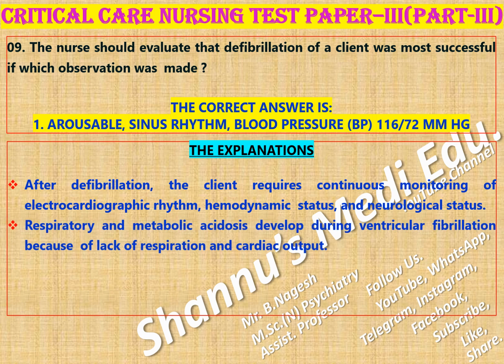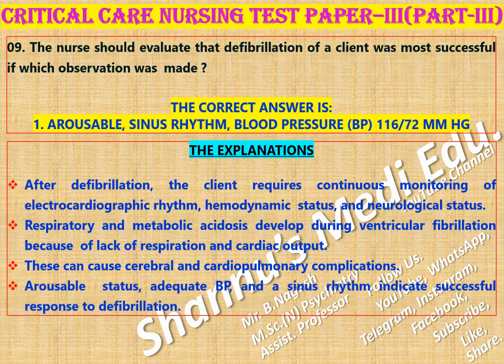Respiratory and metabolic acidosis developed during the ventricular fibrillation because of the lack of respiration and cardiac output. This can cause cerebral and cardiopulmonary complications also. Arousable status, adequate BP, and sinus rhythm indicate a successful response to the defibrillation.